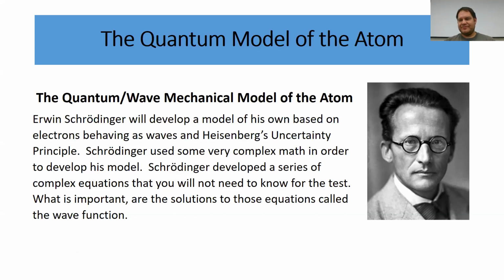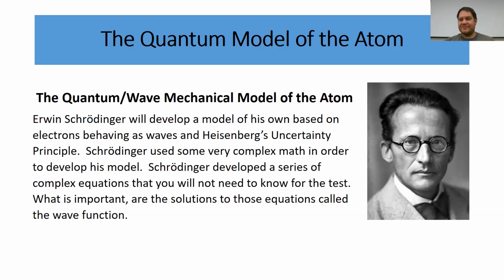We are not going to focus on the mathematics, these equations that Schrödinger used. They're above where our class is at, so just forget it. We're not going to go there. But what we are going to do is focus on the solutions of Schrödinger's equations, the results.